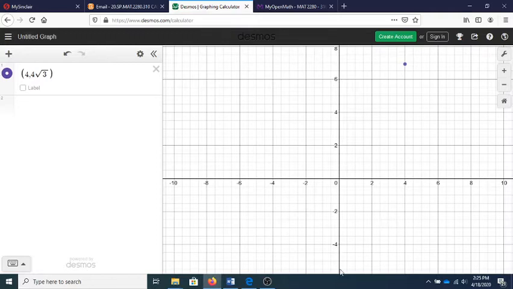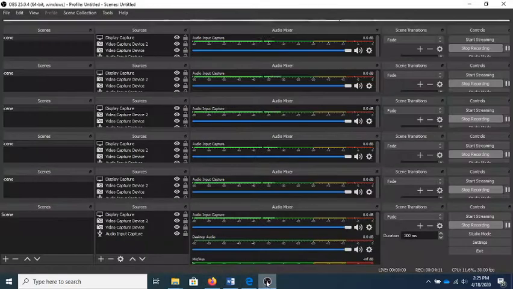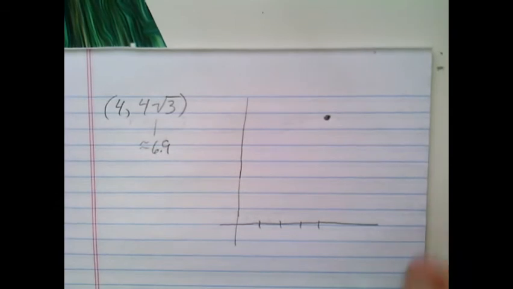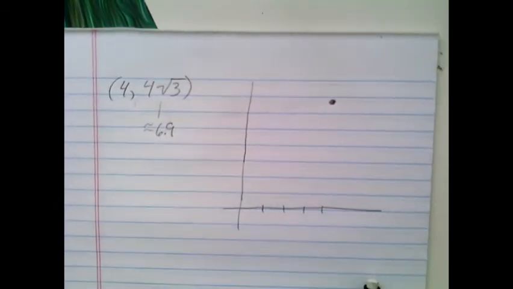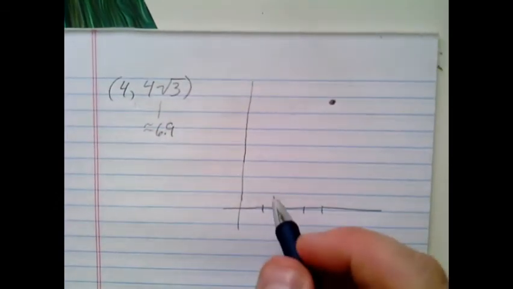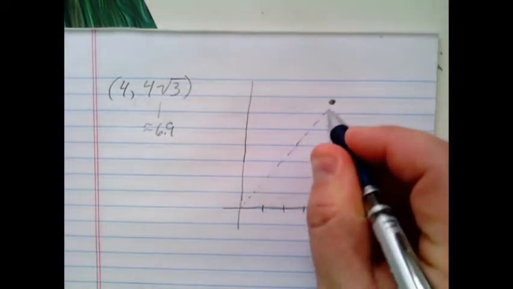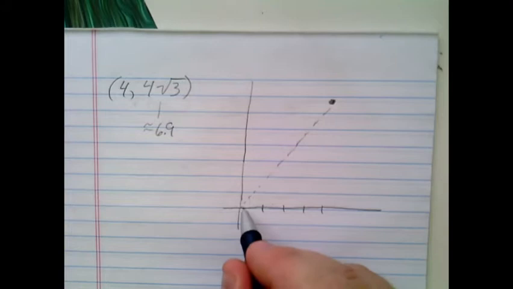Now, let's make a couple computations for this point. Starting with, let's compute how far it is away from the origin. So here's our point drawn on a piece of paper here. If I want to compute its distance from the origin, I can use the Pythagorean theorem.